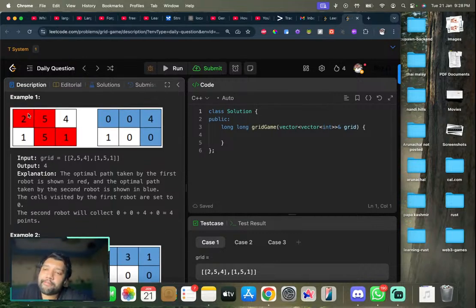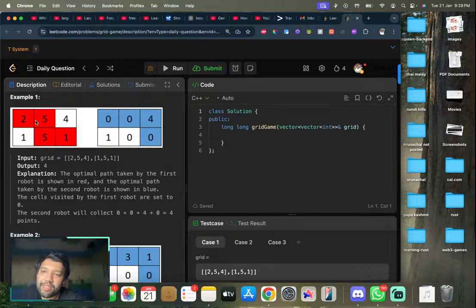What would be the maximum the second robot could get if he comes here? If he comes here, he gets two, and if he goes down, he gets one and this. If he goes down from this part, he'll get the sum till now, which will be two, plus the right sum of this, so including this.